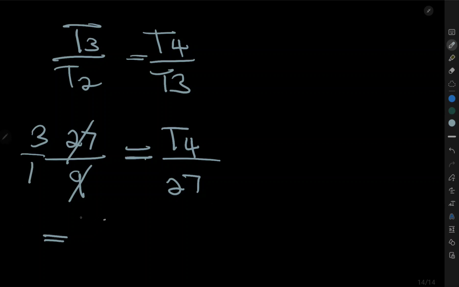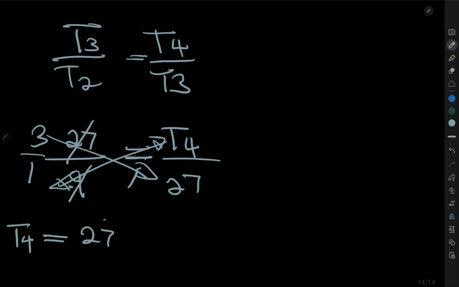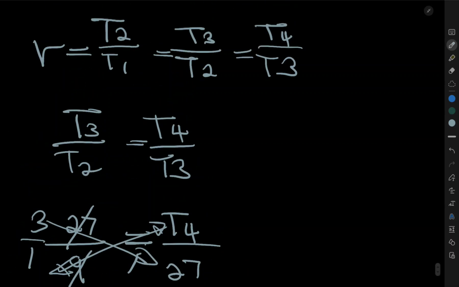So we're going to say 27 times 3, and obviously t4 times 1, so that will be t4 is equal to 27 times 3, which gives us 81. That will be another way, outside of other ways, in which you'd calculate the value of the next term.